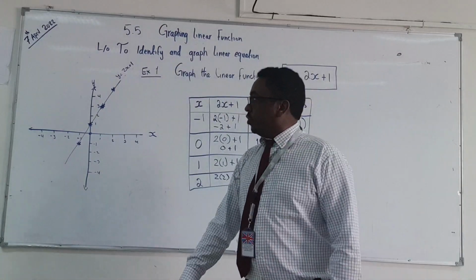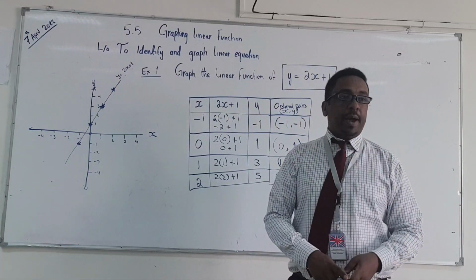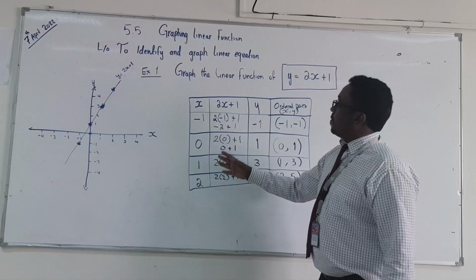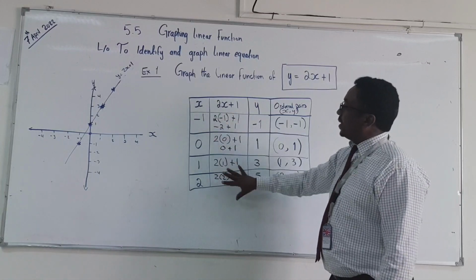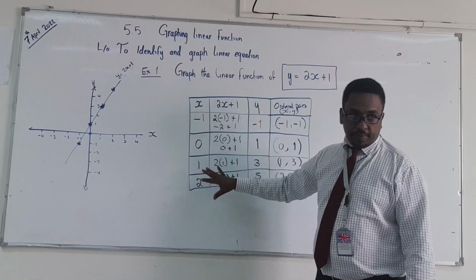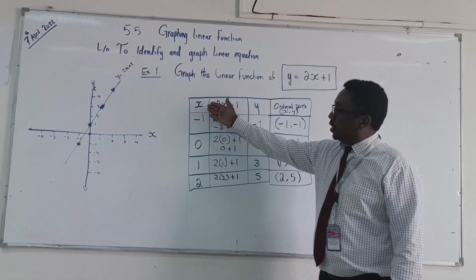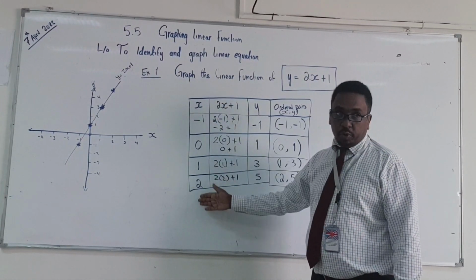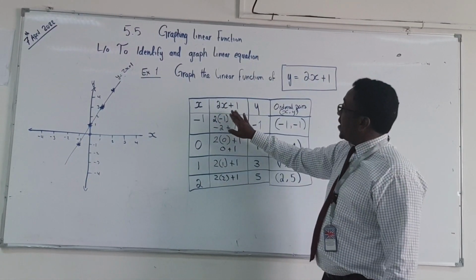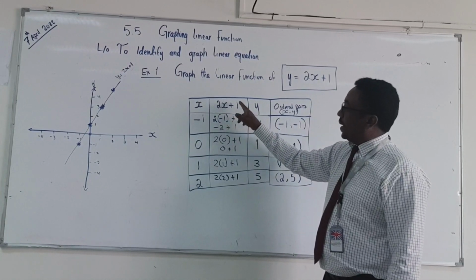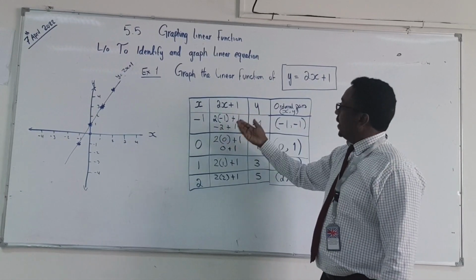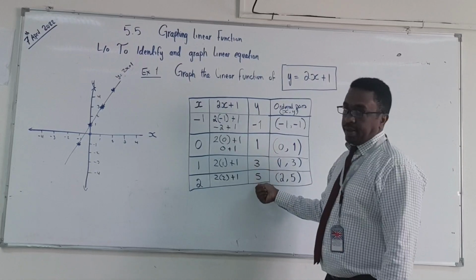Okay, so let me just quickly recap. First of all, we started with the table. We write down the x, which is the input. Then we write down the function where we have to multiply a number and add a number. And the result is the output, which is the y.